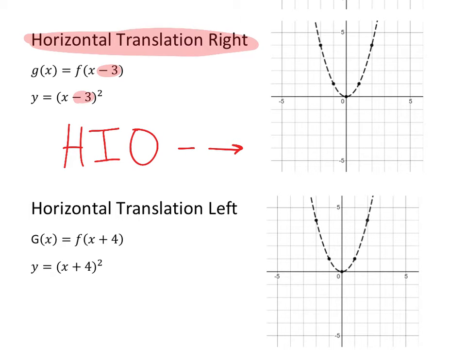We're going to move every single one of those points to the right how many times? 3. 1, 2, 3. And voila, I have horizontally translated the graph to the right. I've just taken that parabola and gone, bloop, shifted it to the right.